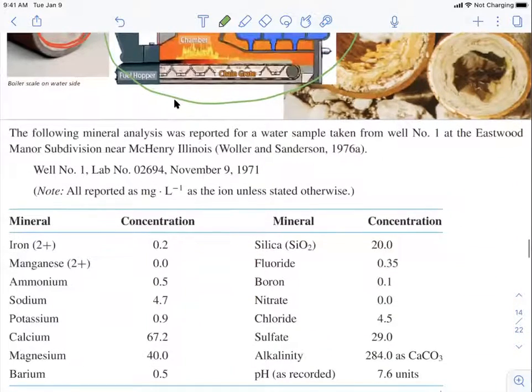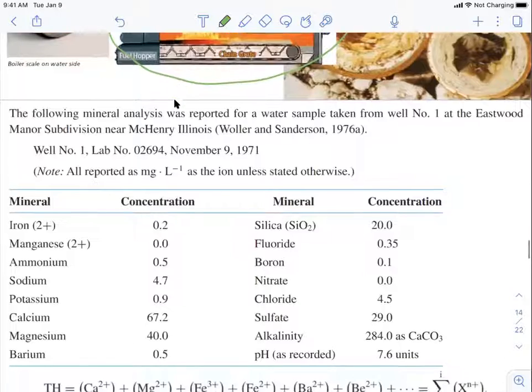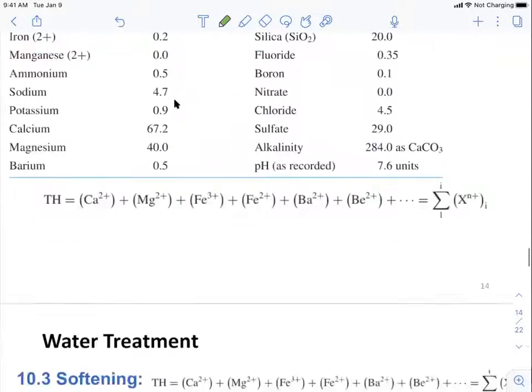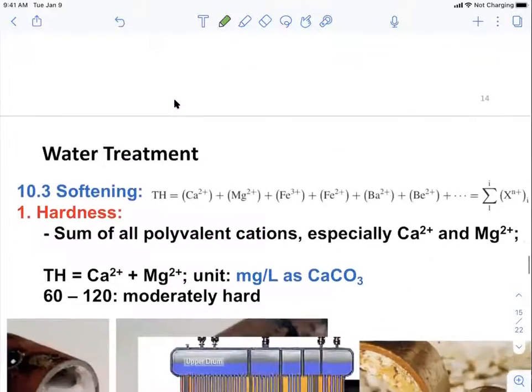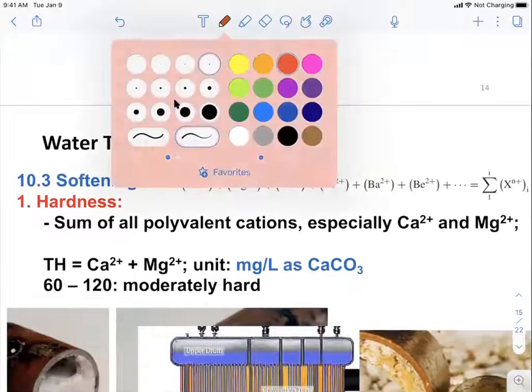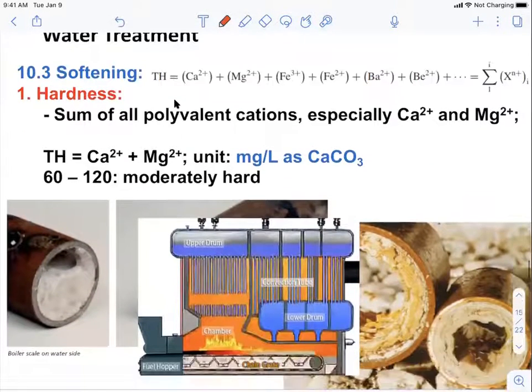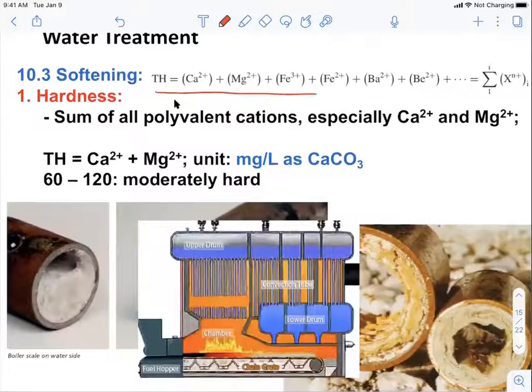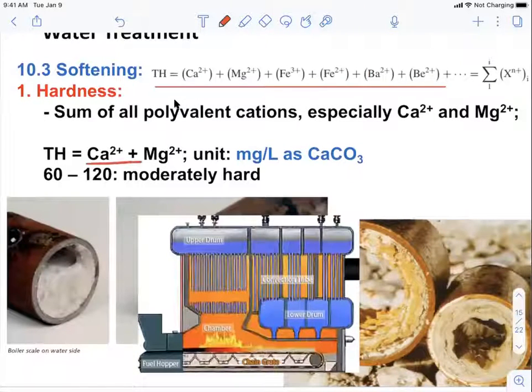So I think we can probably use the last 2 minutes to go over this question here. Basically, when people calculate the total hardness, although we can use this equation here to calculate all of these polyvalent ions, you can find out that the major or most concentrated ions are still calcium and magnesium ions.